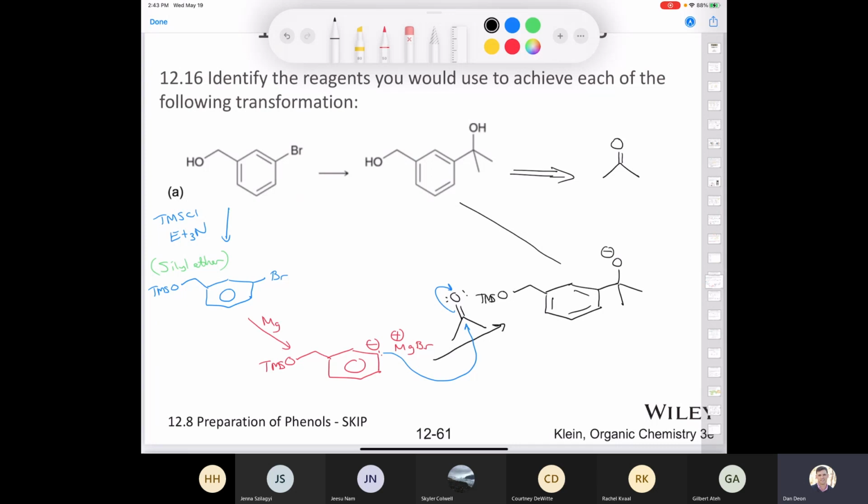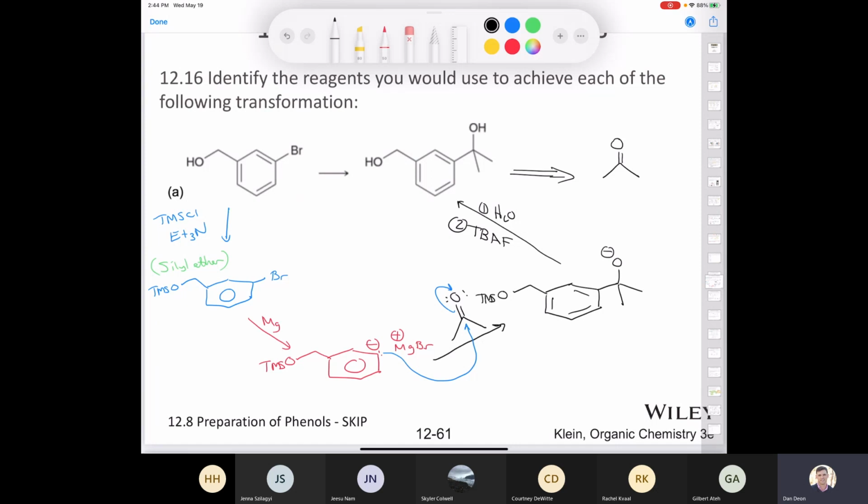And then in order to get us to our final product, we're going to treat it with H2O to convert this into the alcohol. First, we're going to treat it with water. And then in the second step, we're going to treat it with TBAF. And that is going to remove the silyl ether, TBAF, like that.